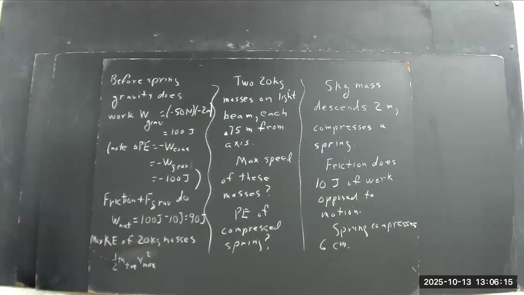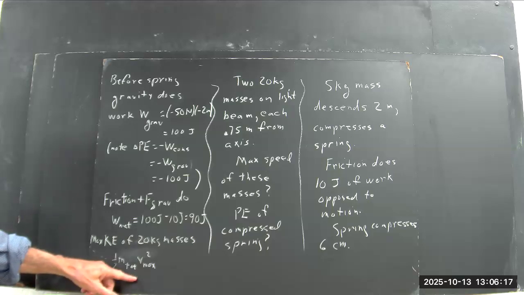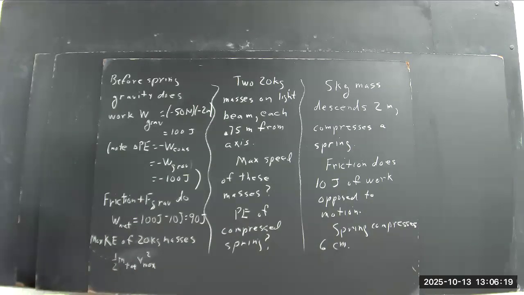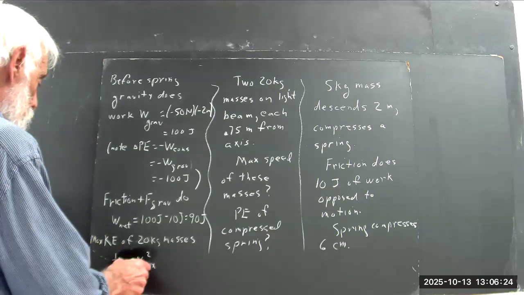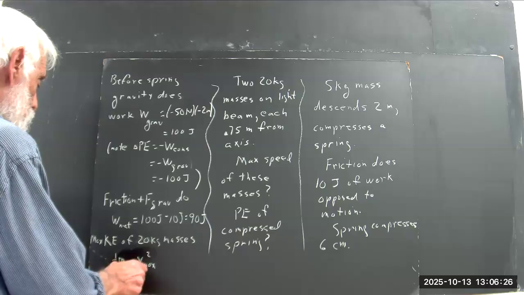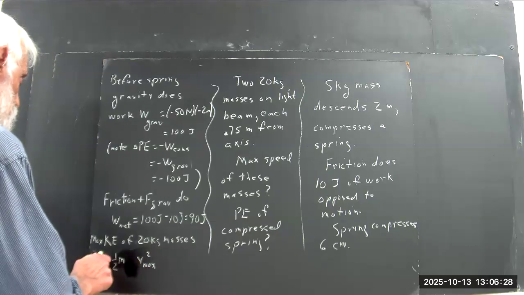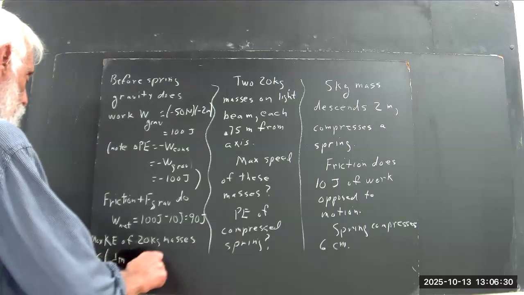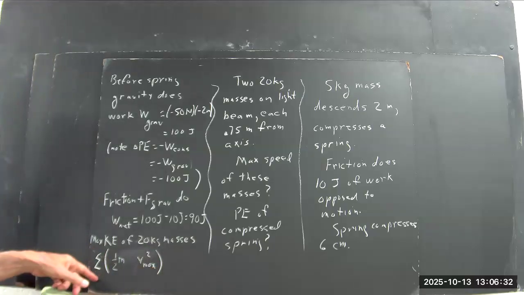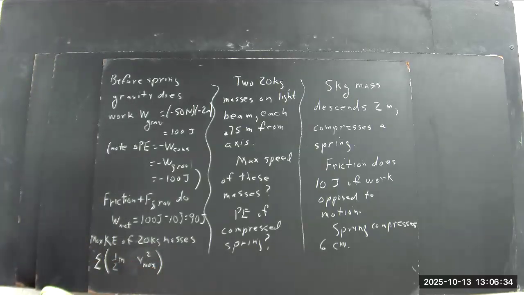And even this isn't quite correct. So I'm going to change a little something. I'm going to say it's the sum of 1/2 mv max squared.